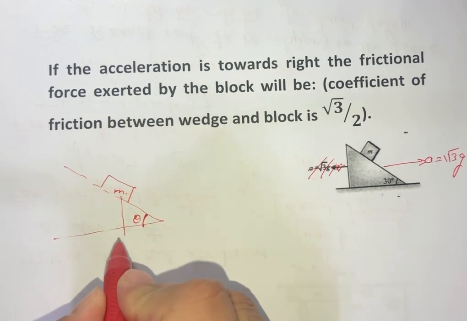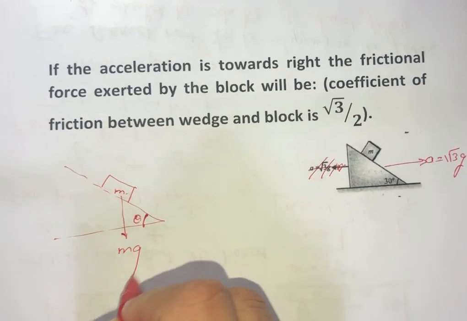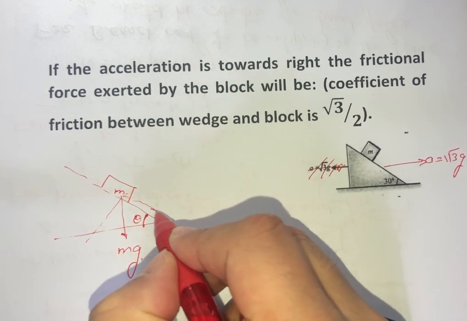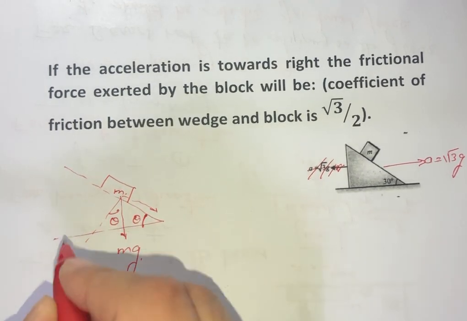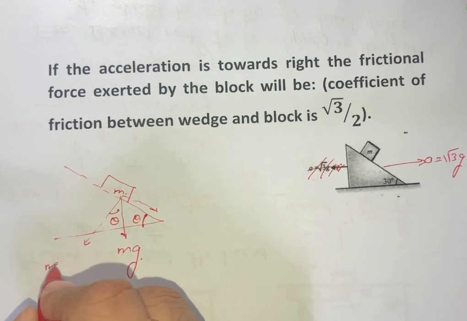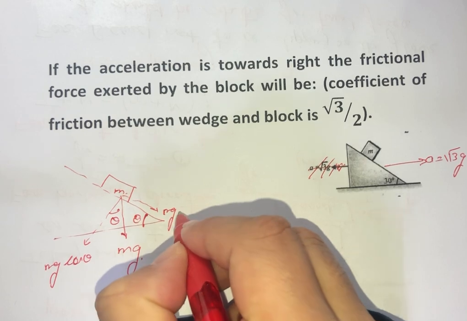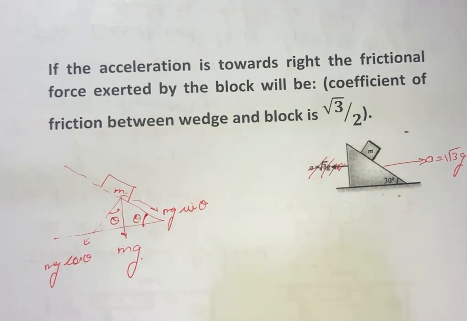We are going to have mg in the downward direction, which can be divided into two components. This angle will be theta, so this will be mg cos theta, and this will be mg sin theta.